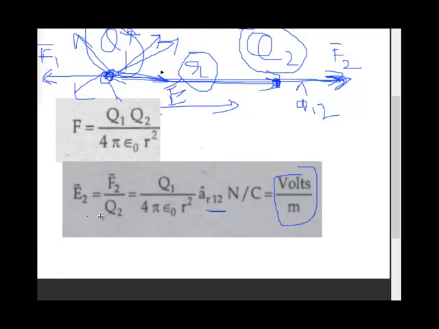So electromagnetic field is given by the formula Q1 upon 4 pi epsilon naught R square into A cap R, where A R is the radial direction from the source point to the field point. It is called the source point, and it is called the field point. So electromagnetic field is measured at the field point due to the source charge.